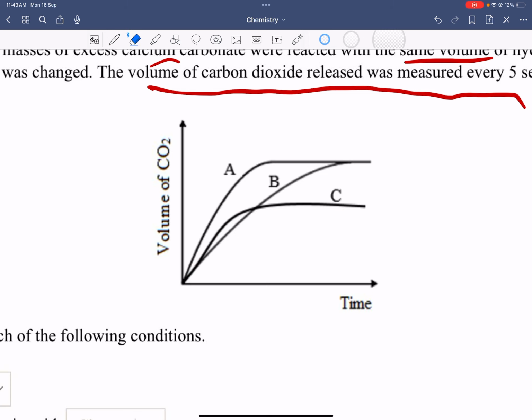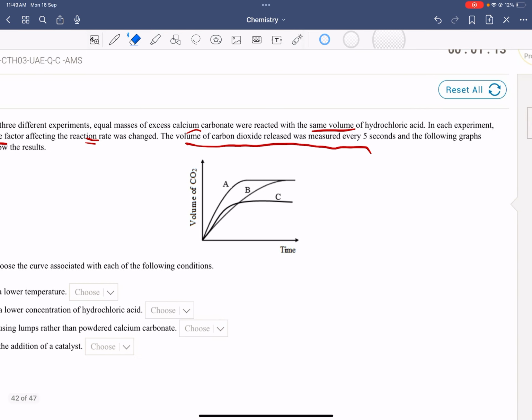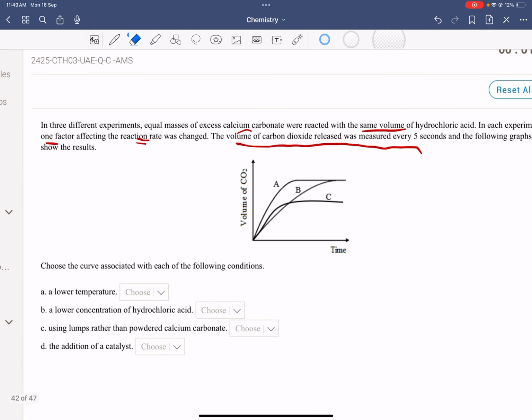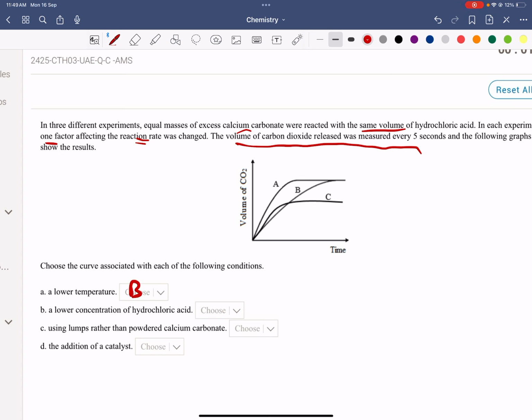Okay? So let's look at the options now. A lower temperature won't decrease the amount, we'll just have a slower rate. So it's going to be graph B. A lower concentration of hydrochloric acid: now we're decreasing the amount of our substrate, so of course the final amount is going to decrease.